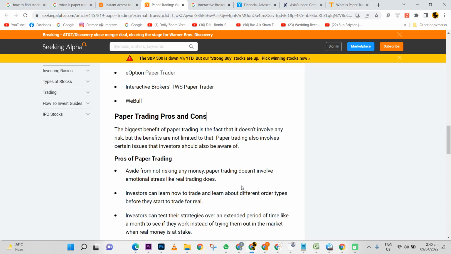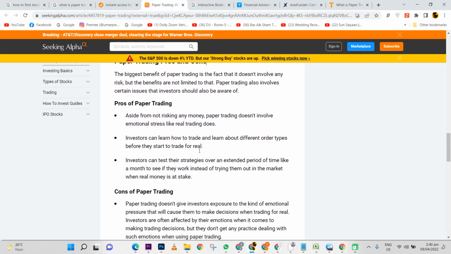Pros of paper trading: aside from not risking any money, paper trading does not involve emotional stress like real trading does. Investors can learn how to trade and learn about different order types before they start to trade for real.